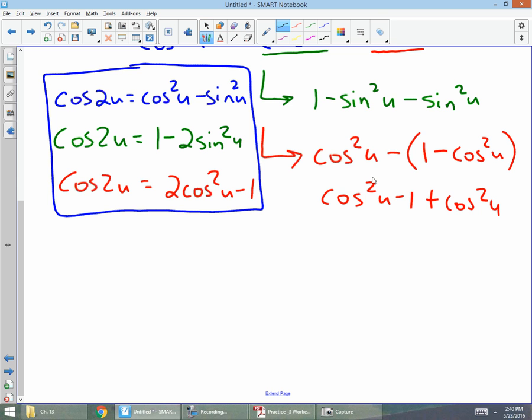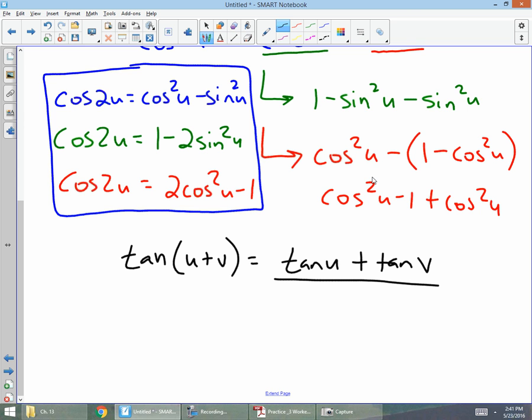Now the tangent of u plus v is going to be very similar. We're going to cross out the v, switch it with the u, and that was the tangent of u plus the tangent of v over 1 minus the tangent of u multiplied by the tangent of v.